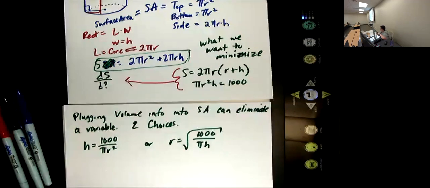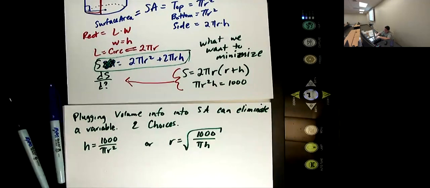Which one do you guys want to use? I want to use h too. Neither of them look friendly because of the fraction, but the r has a radical too. So let's go with this one.